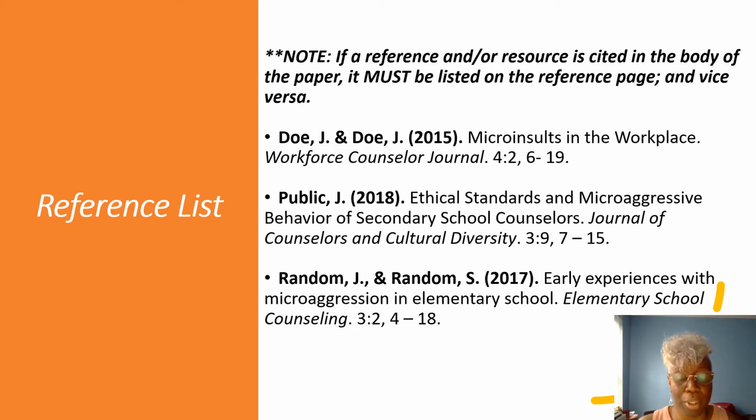If you see Public 2018, you also see that cited in the post, as well as Random and Random 2017. Same thing. If you post it in your response, but it's not on your reference list, you can't do that. If it's on your reference list, and it's not in your discussion post, you can't do that. It must be in both places. Also, your references must be between the years of 2013 and 2020.